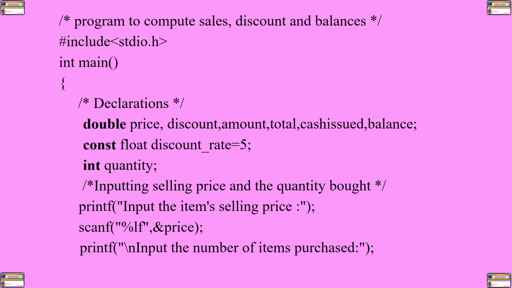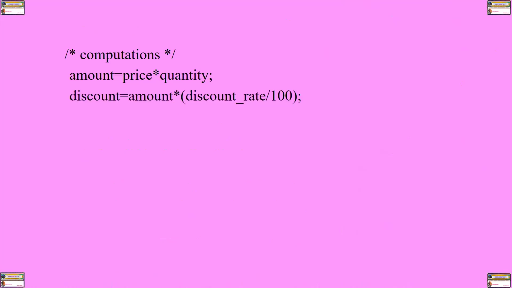Then, as you can see, the rest of the statements are simply for computations. The value in the memory location called discount rate is 5, so that is 5 divided by 100. That is multiplied by the content in the memory location called amount, and the result is stored in the memory location called discount.